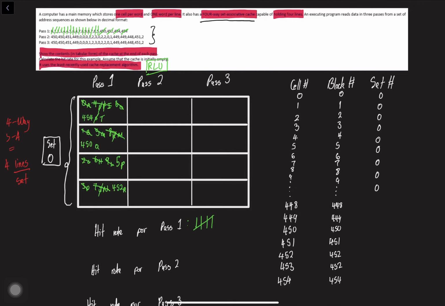Now our next pass, we'll start off by carrying over the different lines that we have from the previous pass. So we'll start off with 454, 455, and 452.